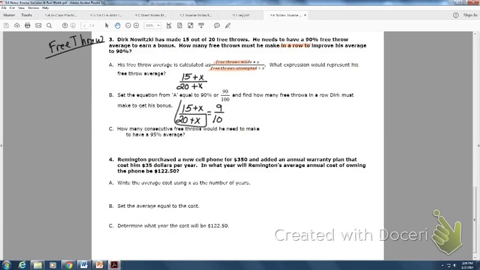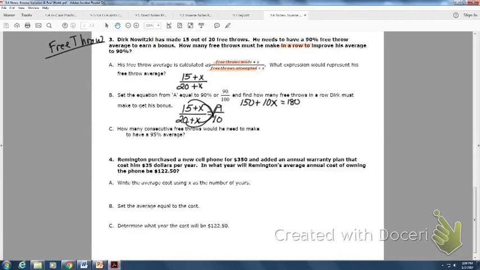And now I have one fraction equal to another fraction, so I can cross multiply. So I've got 15 times 10, which is 150, plus 10 times x, which is 10x. And then I'll distribute the 9 to the denominator of the other. So I've got 9 times 20, which is 180.